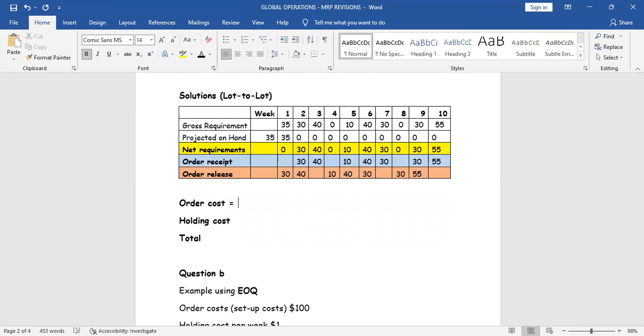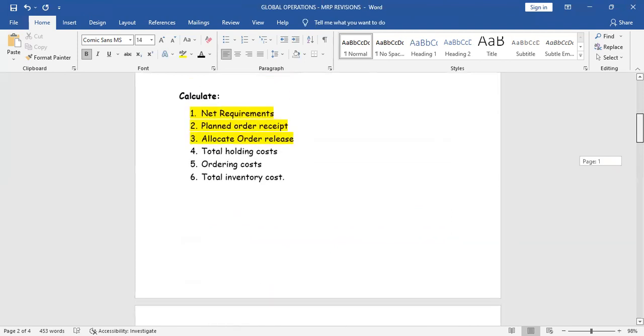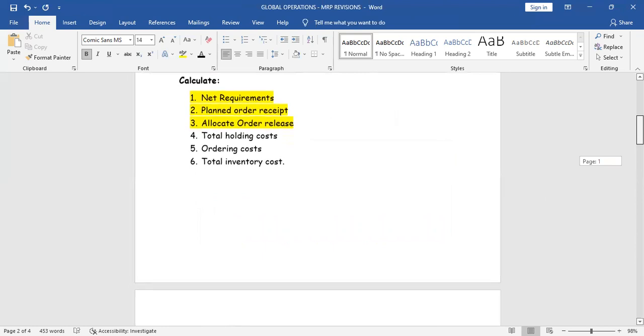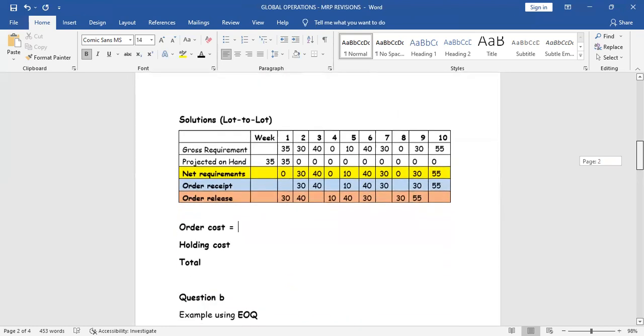So order cost now, which is the next question. Yes, order cost, which is question 4. No, total holding cost. The holding cost, sorry, then I need to do like this so that I put them in order. Total holding cost. The holding cost is based on us having inventory on hand.